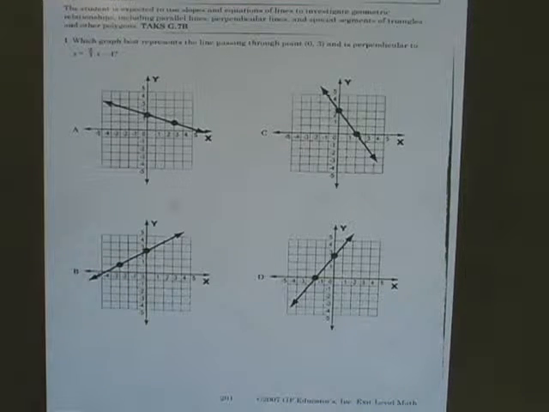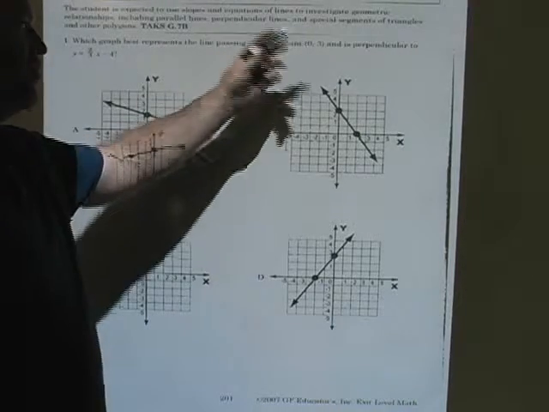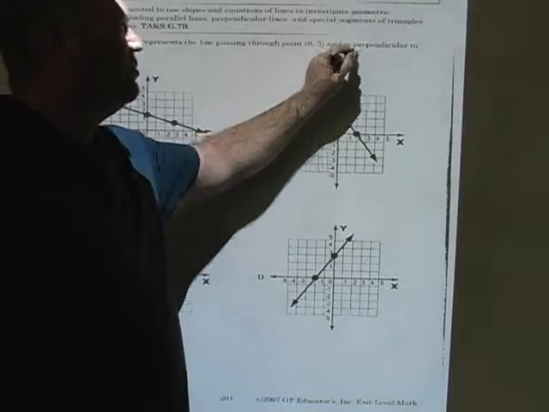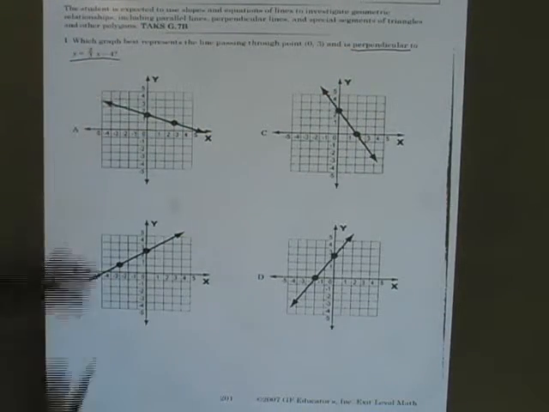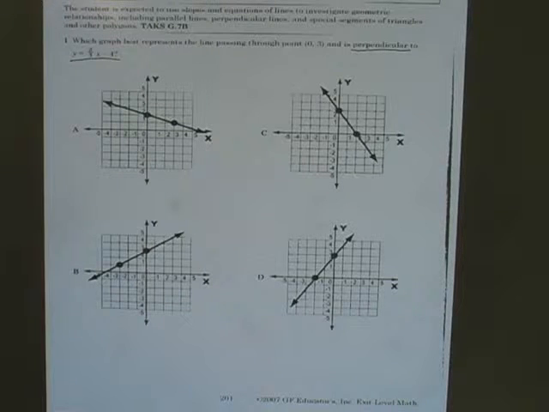Now, we gotta learn something else here, because now they're asking us about perpendicular. This says, which graph best represents the line passing through point (0, 3) and is perpendicular to this line? Now, before we go on, let's just go ahead and look at this point.